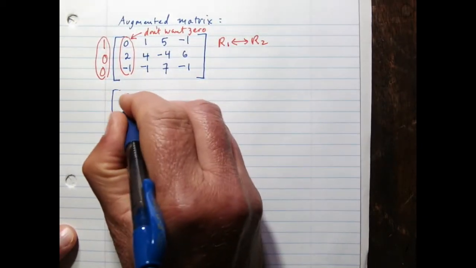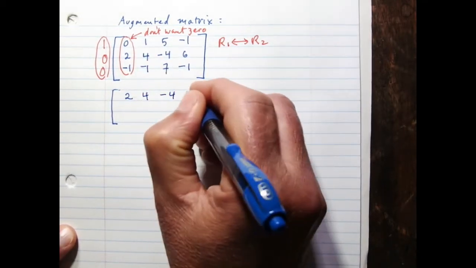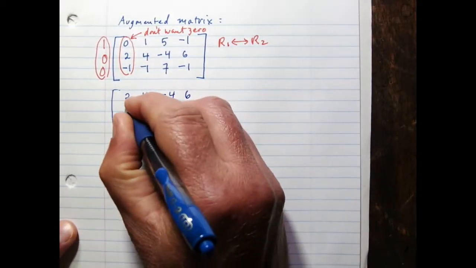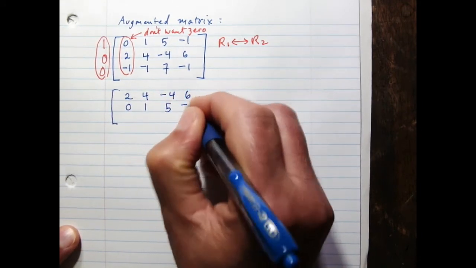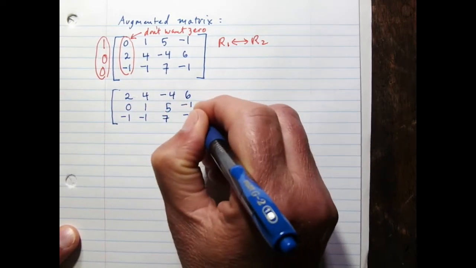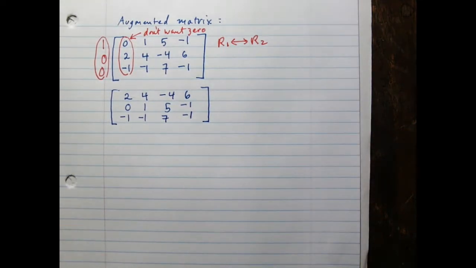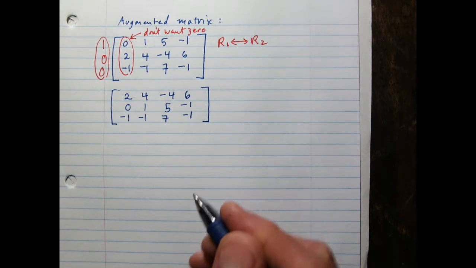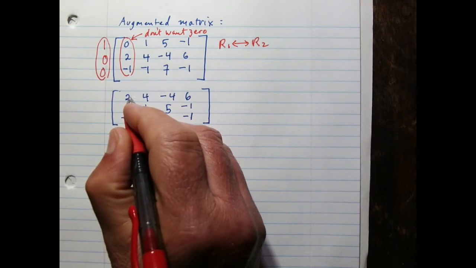And so row 2 becomes the first row, 2, 4, -4, 6. And then I have 0, 1, 5, -1. And as far as the equations are concerned, that just corresponds to switching the equations around. The equations certainly don't care what order they're in. And then I like to get a 1 in that position.